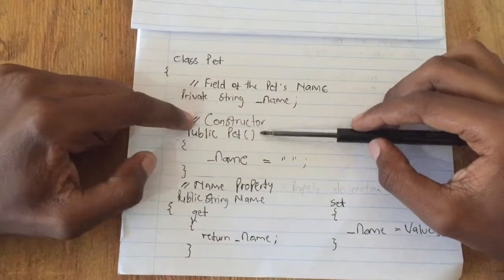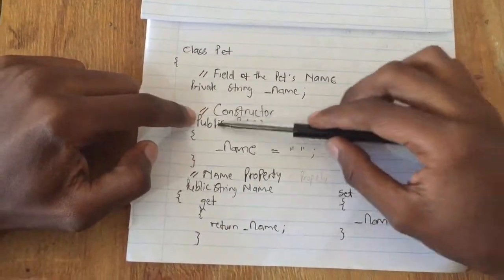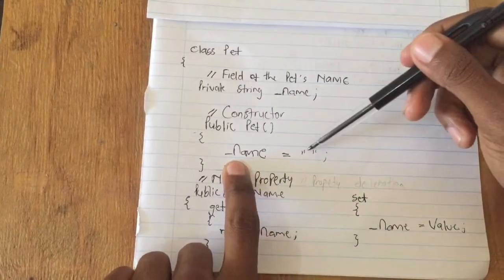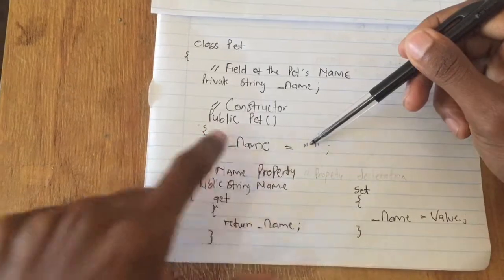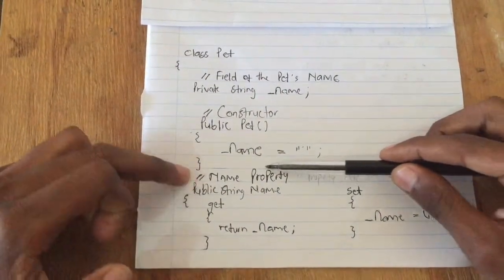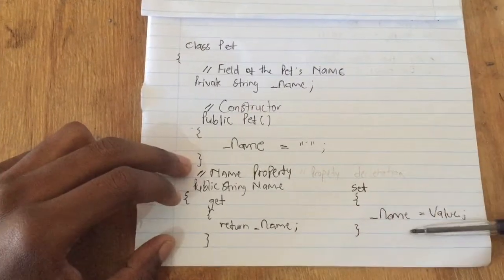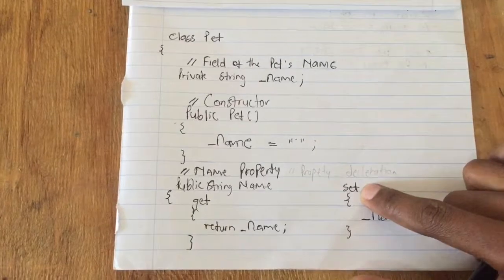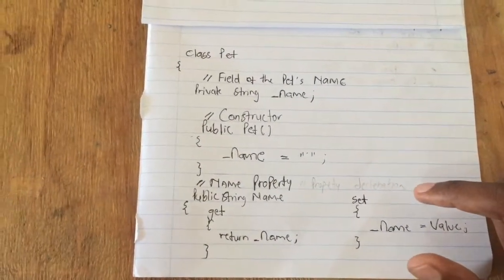Then this is our constructor of the class, public Pet, and then the name, where we're going to initialize a variable for the name. Then this is our Name property. This is our property declaration where we get and set, as we mentioned earlier.